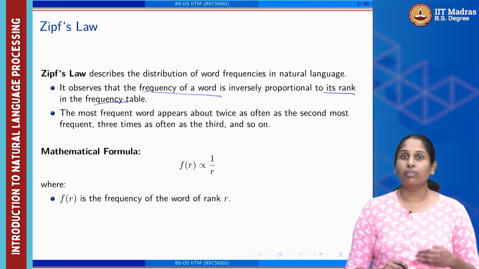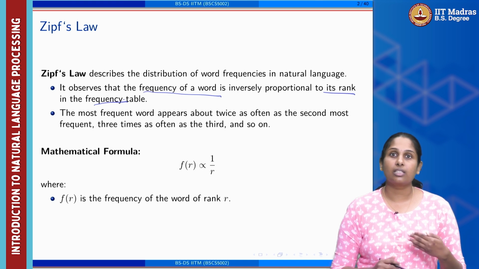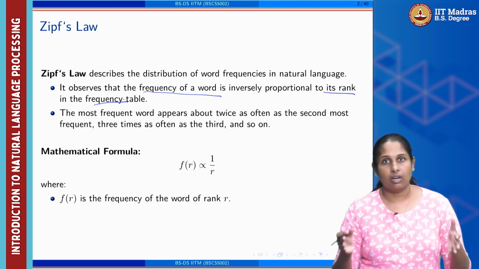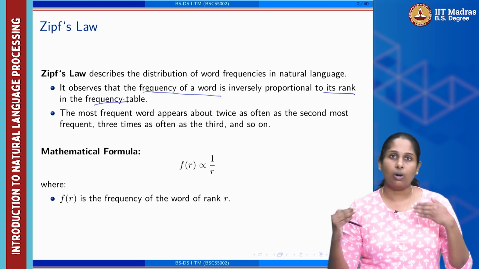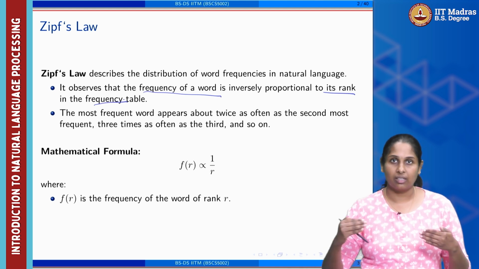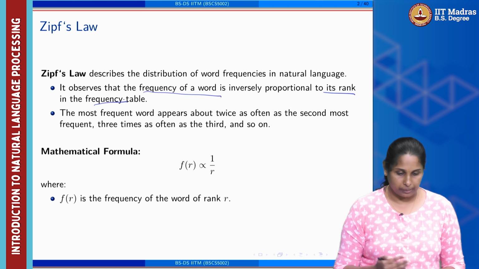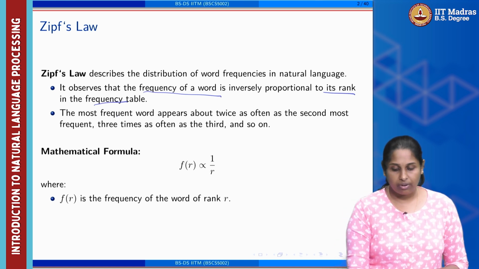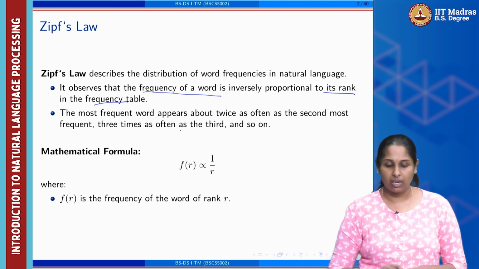That means if a word is most frequently used, let's say it is used 100 times in a given text of 1000 words, this is rank 1, right? Now the higher frequency of the word is inversely proportional to the rank. So a higher rank means more times the particular word is repeated. Now the most frequent word appears about twice as often as the second most frequent, and 3 times as often as the third one, and so on.